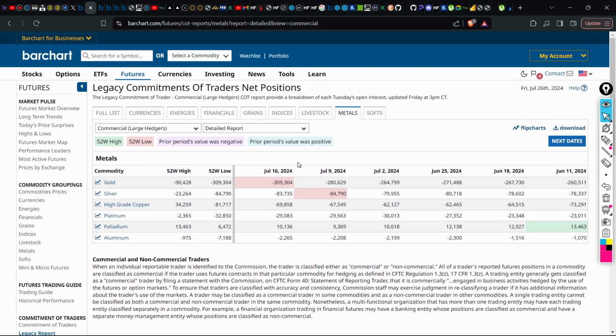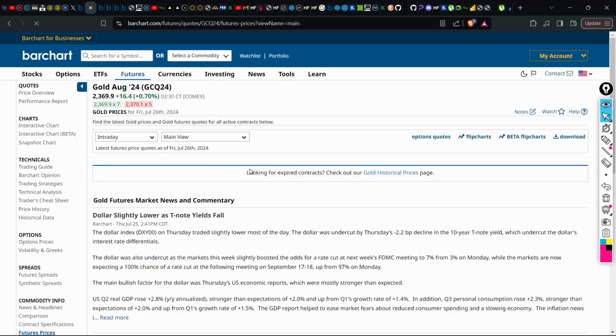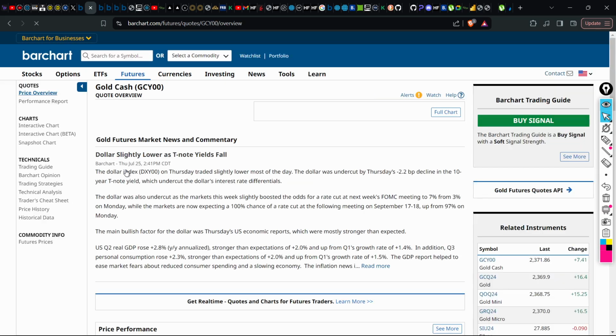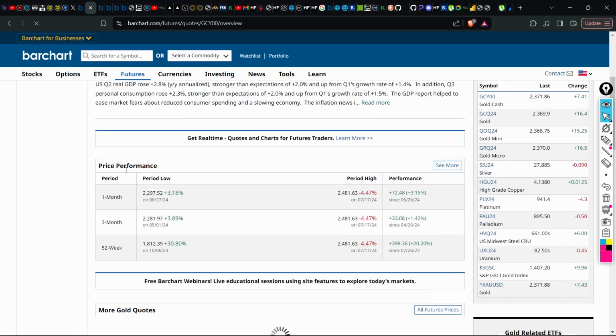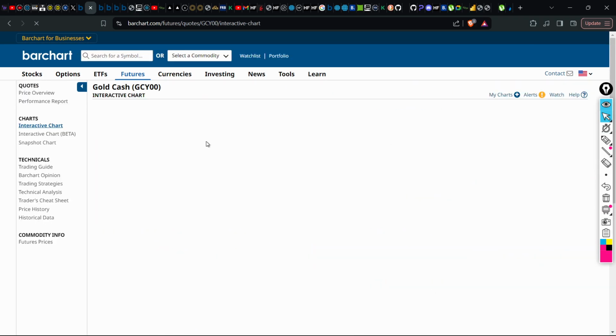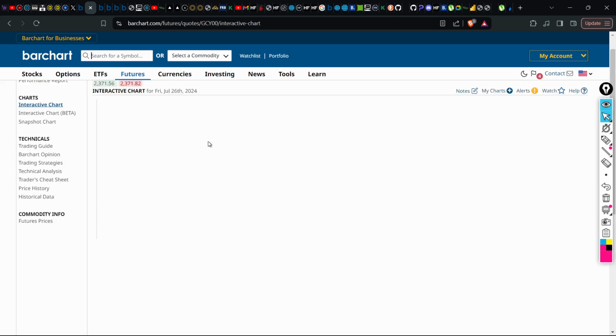Essentially, what you're supposed to do is just click to see the futures prices, and then you can choose whichever contract. By the way, just choose this first one, for example. Then open the full chart, and set the chart to bar chart.